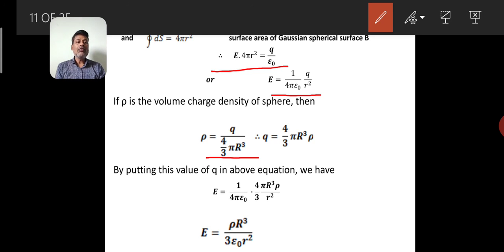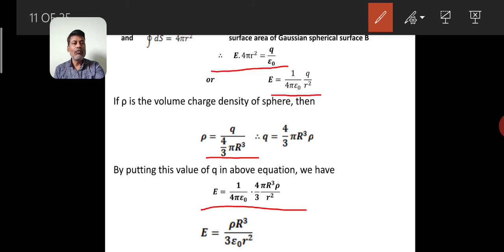Now we put this value of q in the above equation. We get E is equal to 1 divided by 4 pi epsilon 0 into 4 by 3 pi R cube into rho divided by small r square.